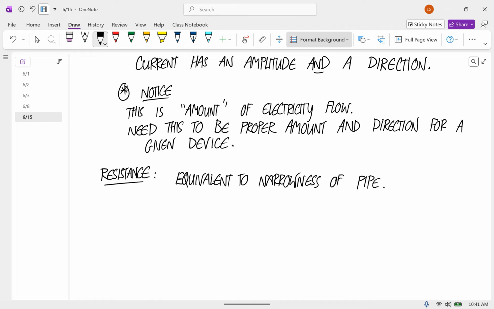For a given amount of voltage, if you have a lot of resistance in your wire, a lot of resistors laid out along your wire, then the current flow is small. If you have very low resistance, then you have a big current flow.